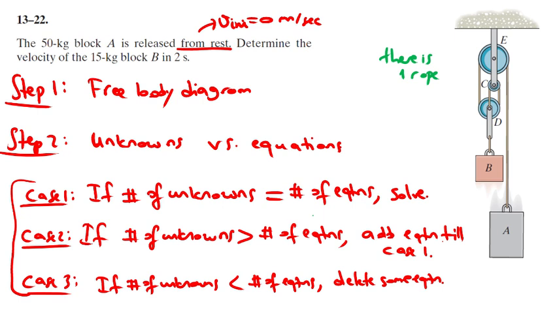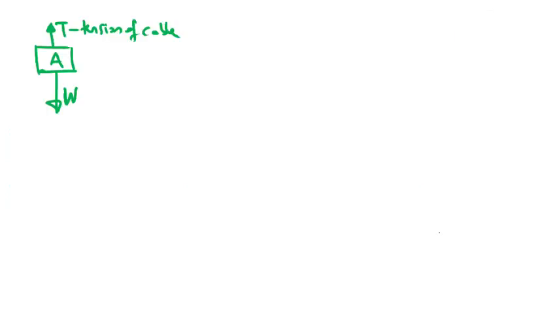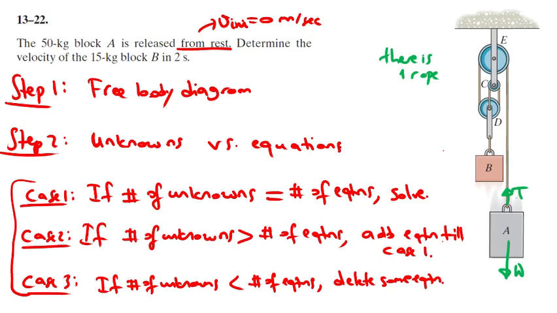A will have a weight, I'll just put it as W, and then it has the tension of the cable, T. The cable keeps the T, and this one tries to go down, W. And then of course, as always, we will have the acceleration, so MA. Let me just put it this way: MA of A.